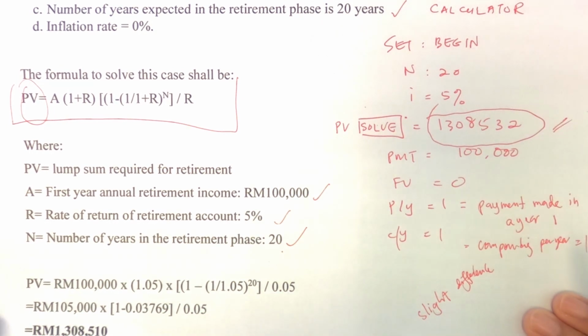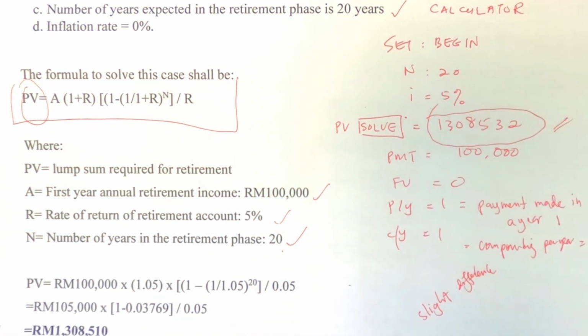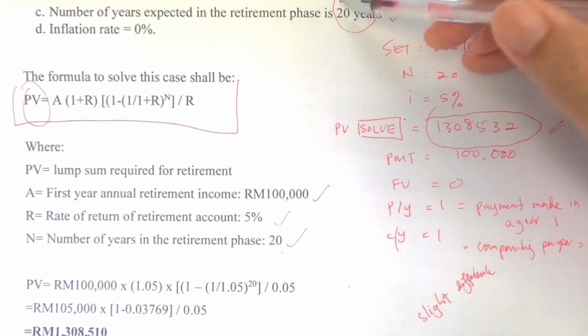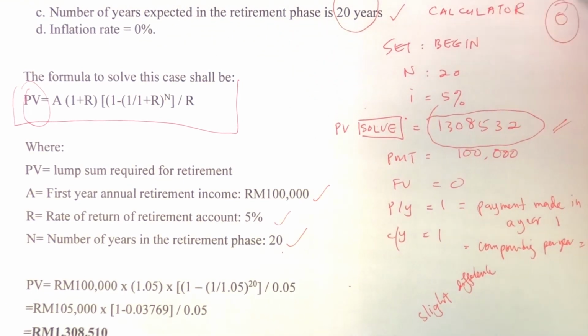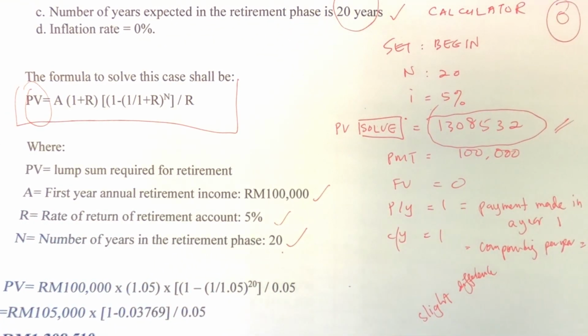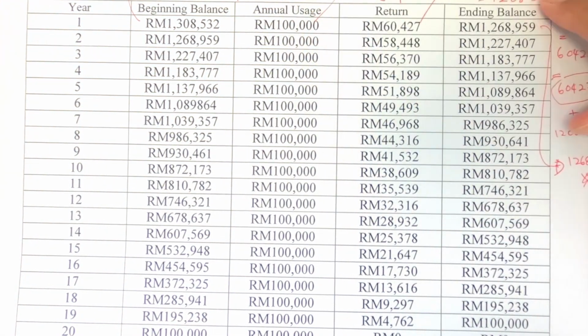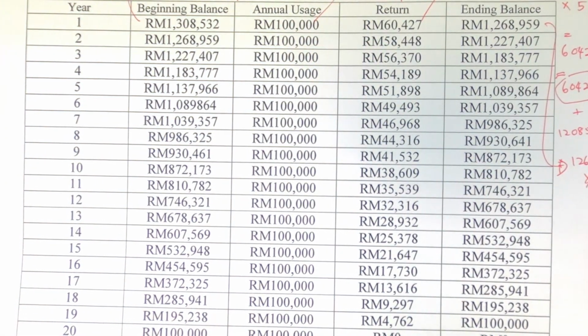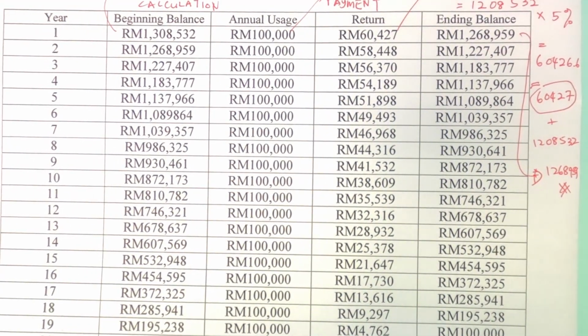And if we want to prove whether this answer is correct, in the sense that at the end of the 20 years the balance of this fund should be 0, we can look at the calculation. This is the worksheet from our calculation before.